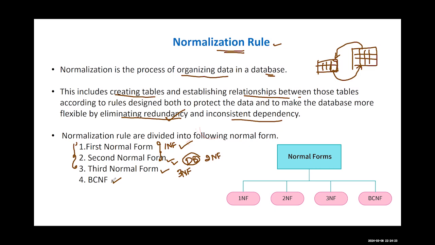At any given point, a database can be in first normal form, second normal form, third normal form, or BCNF. If a database is in 1NF, then that database can be in 2NF. Not necessarily, though. If a database is in 1NF, it does not have to be in 2NF.